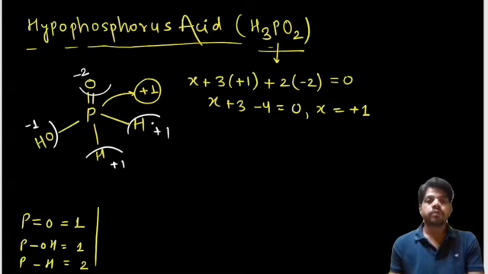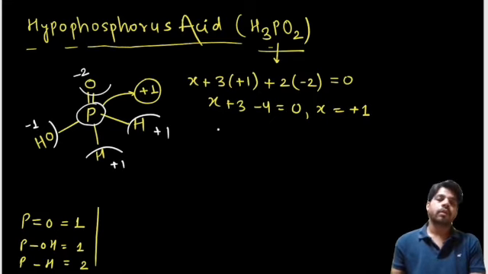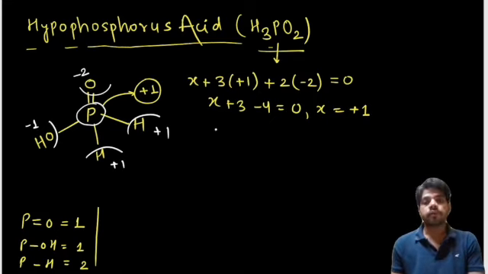So in the surrounding atoms of hypophosphorus acid, we have minus 2, minus 1, plus 1, plus 1. Minus 2 and plus 1 cancel out, and we are left with minus 1 only. So the oxidation state of the central atom is plus 1 only. This is how it works, right? So the oxidation state of phosphorus comes out to be plus 1.